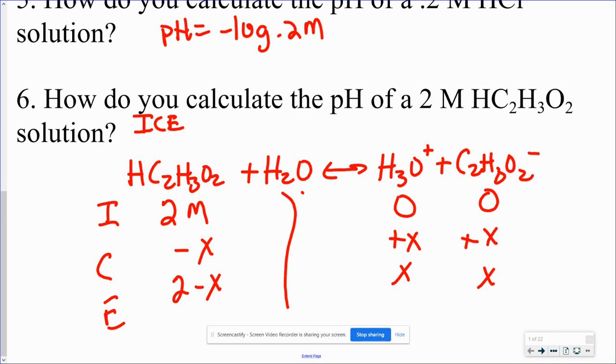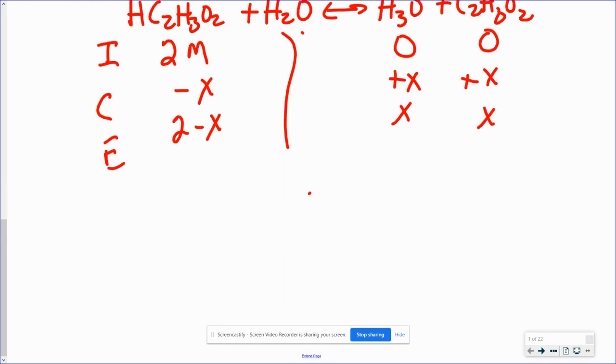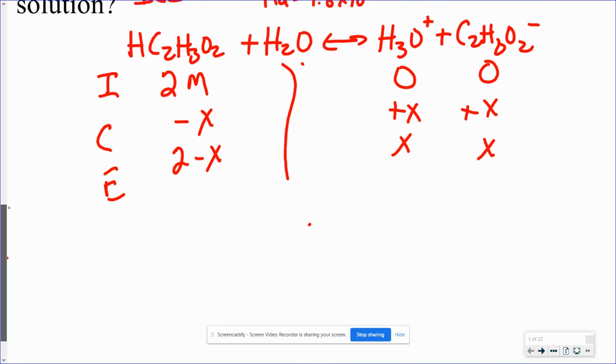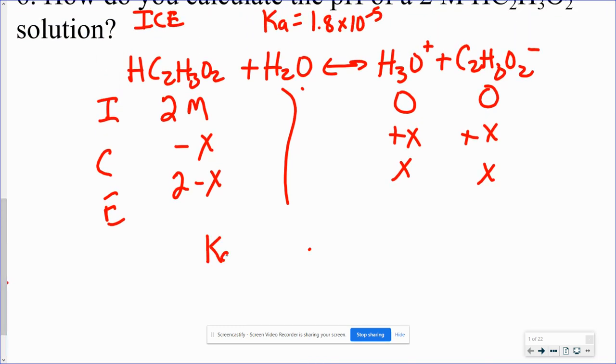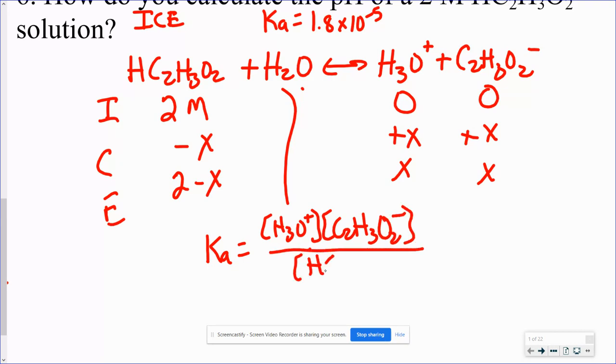So then we would need to know the Ka of acetic acid, which is 1.8 times 10 to the minus 5th. And we would set up our equation that Ka equals H3O plus times C2H3O2 minus over the concentration of the acetic acid.